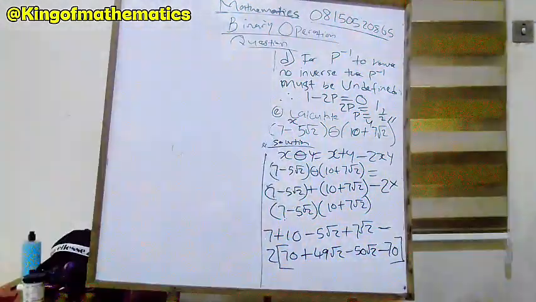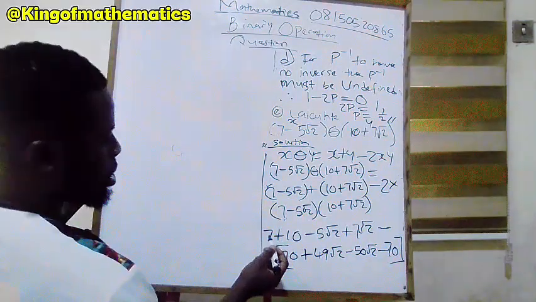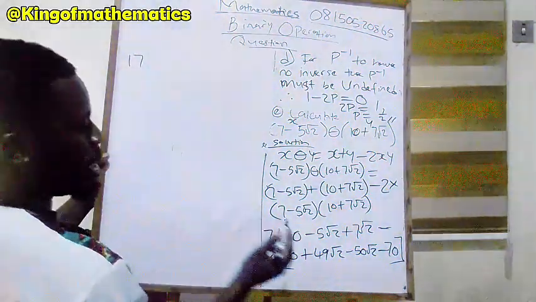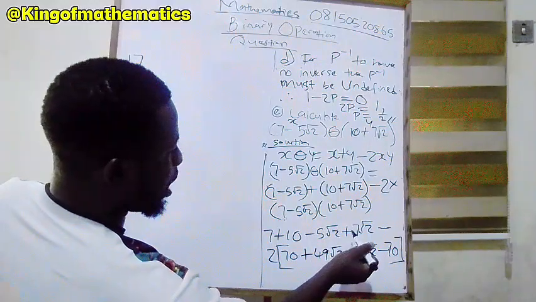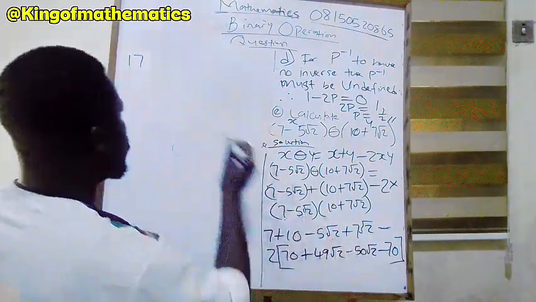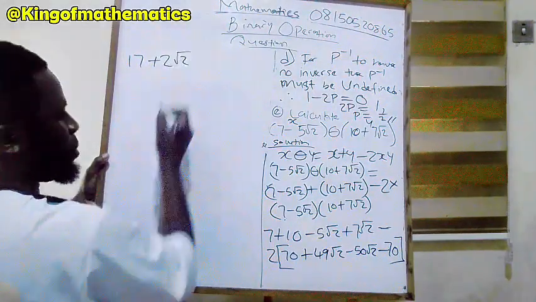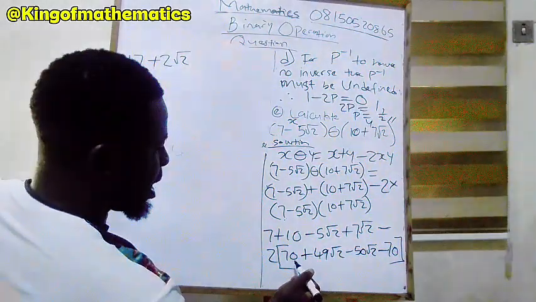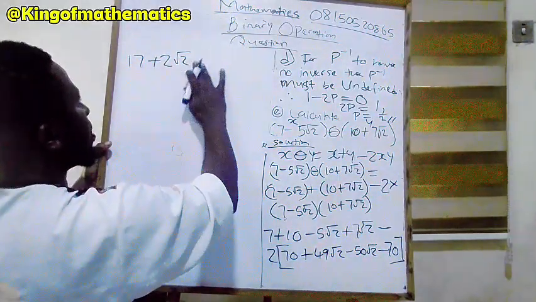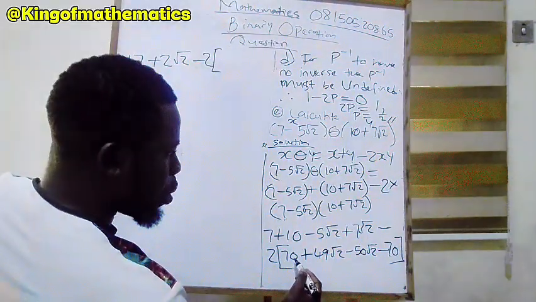So moving ahead, I can now open the bracket. What is 7 plus 10? That will give me 17. Then minus 5 root 2 plus, you are owing someone 5, then you want to pay 7, you collect a change of what? 2. So that will give you plus 2 root 2 there. Then here, let's put minus 2 into bracket, collect like terms.